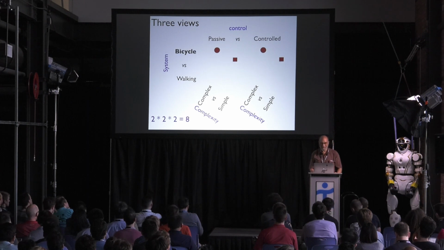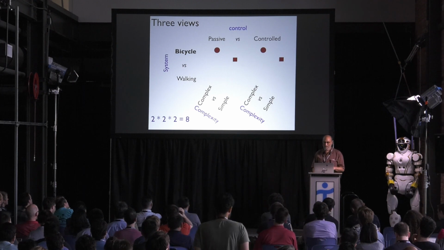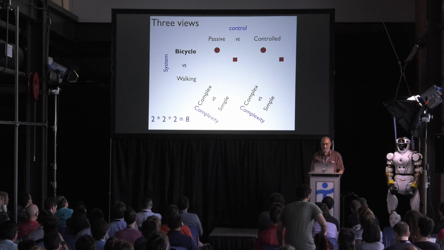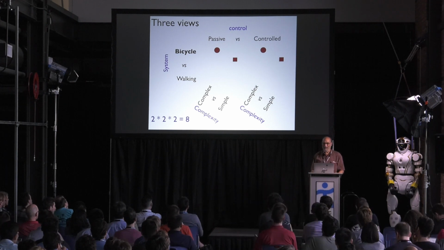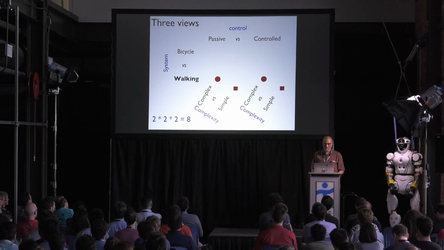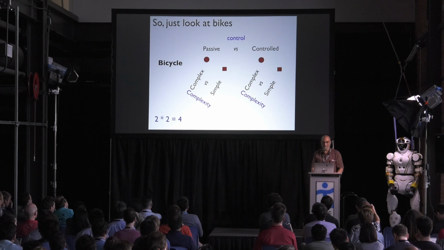So just look at the bicycle case, and we can look at passive versus controlled, and complex versus simple models. And while bicycles are the same as walking, I don't think passive and controlled are separable variables in terms of this eightfold division of things.